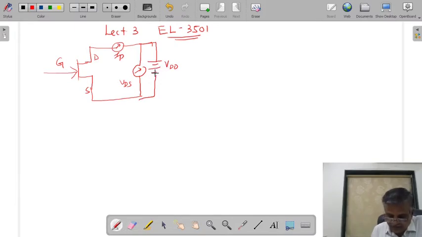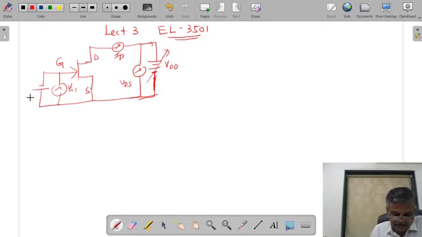This is your negative connection, and here you have connected your voltmeter VGS, and here you are giving a negative voltage.